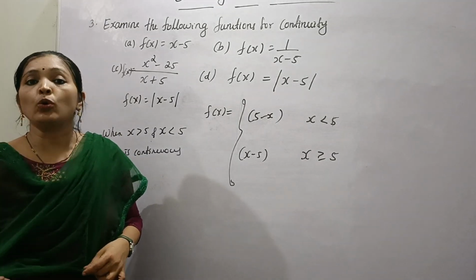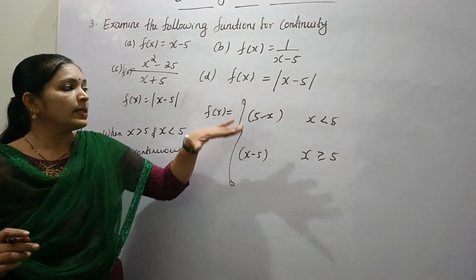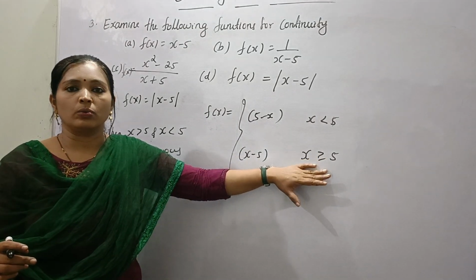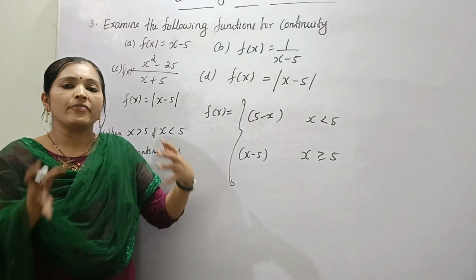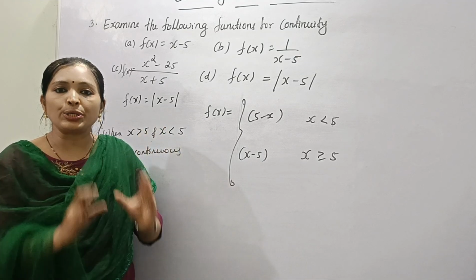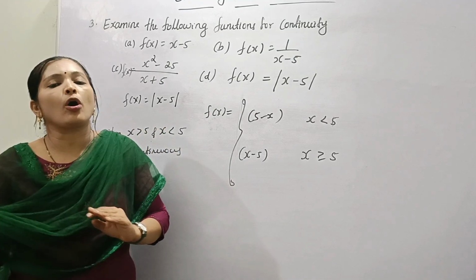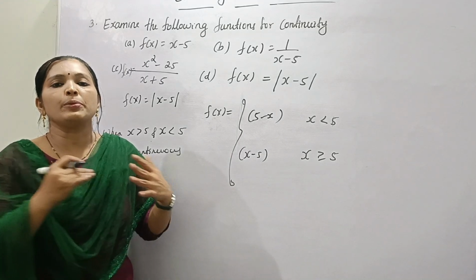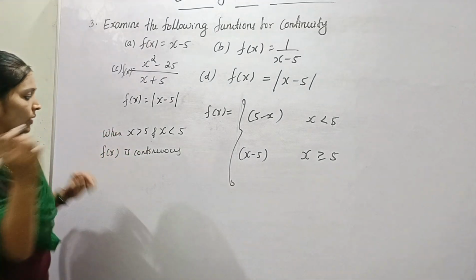Then what about x is equal to 5? That we have to check. When x is equal to 5, we have to check whether this function is continuous at x is equal to 5 or not. For that, let's find the left hand limit and right hand limit.